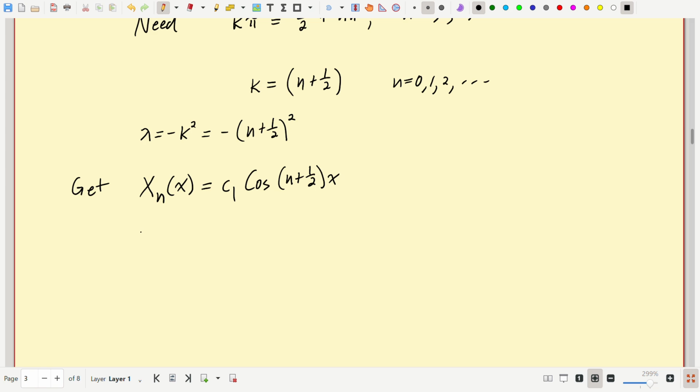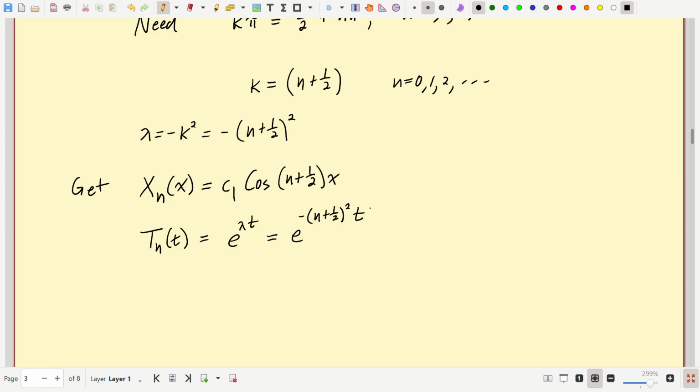And now I can think about my t problem. My Tn of t was c1, and it was e to the lambda t. That lambda is minus k squared, so it's going to be e to the minus n plus a half squared t.